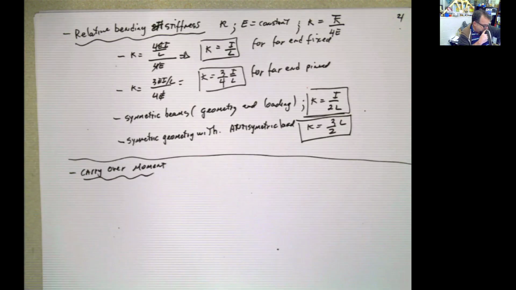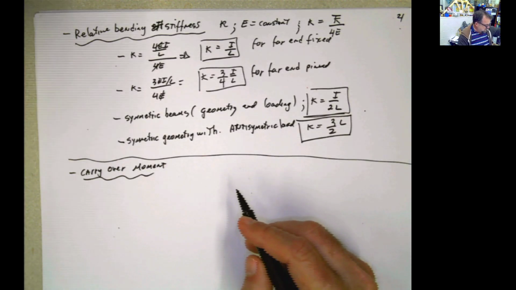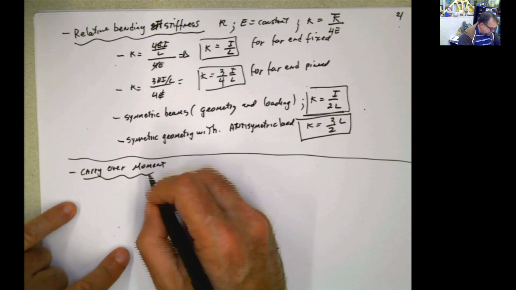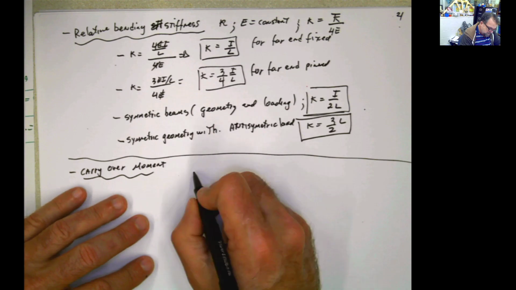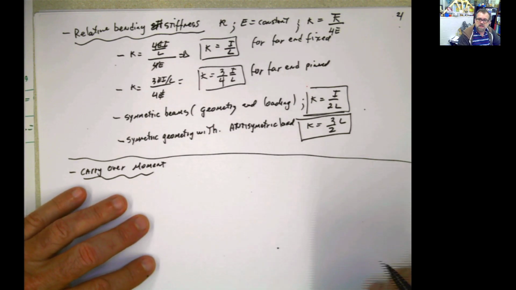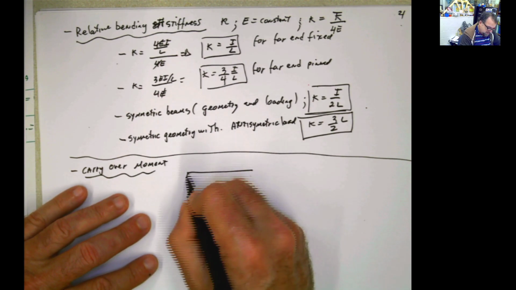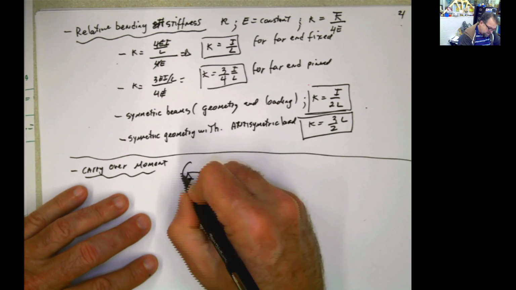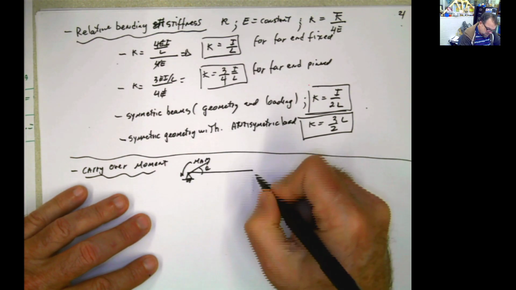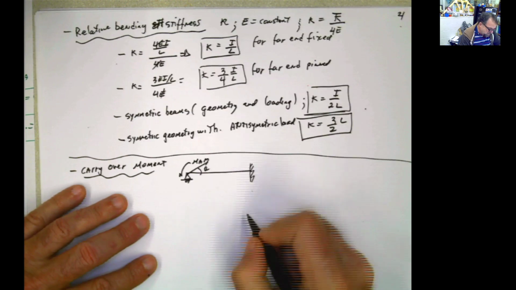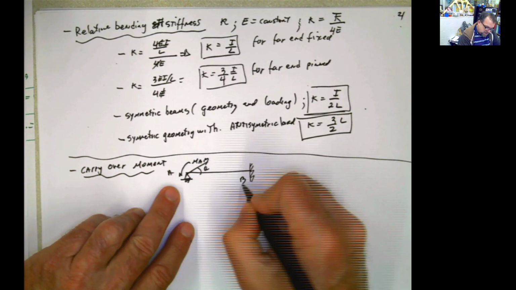That's the carryover moment, and we can demonstrate that by using slope deflection. It was something like this. So if we have this moment here, moment AB producing this rotation here, this is A and this is B.